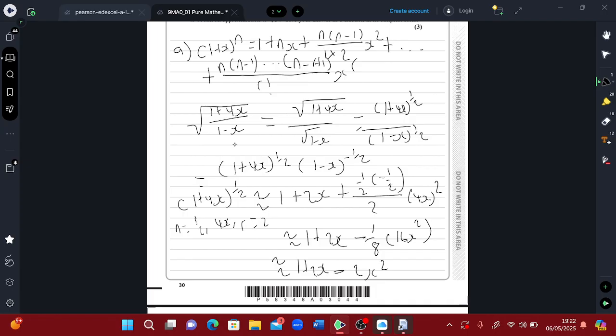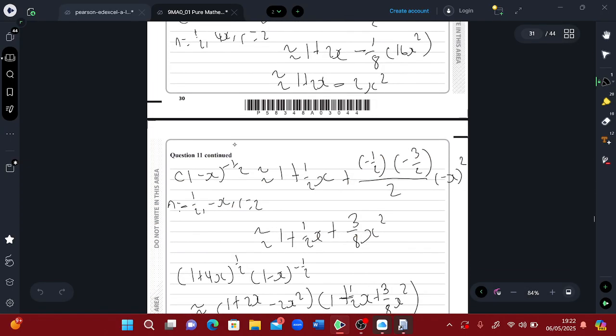Let's just double check. That's right, I'm pretty sure it should be like 1 minus a half over 2 of 4 squared. I get minus 2, yeah, minus 2x squared here. So yeah, that should be right.